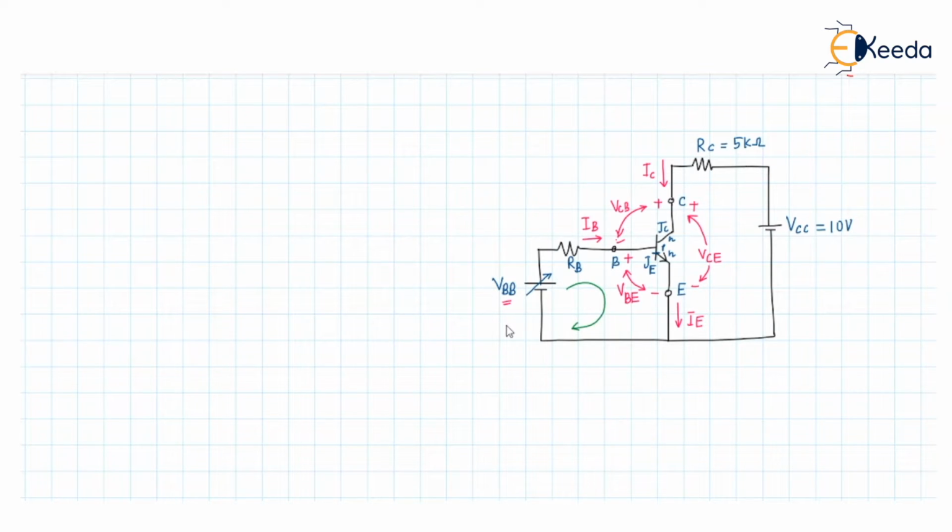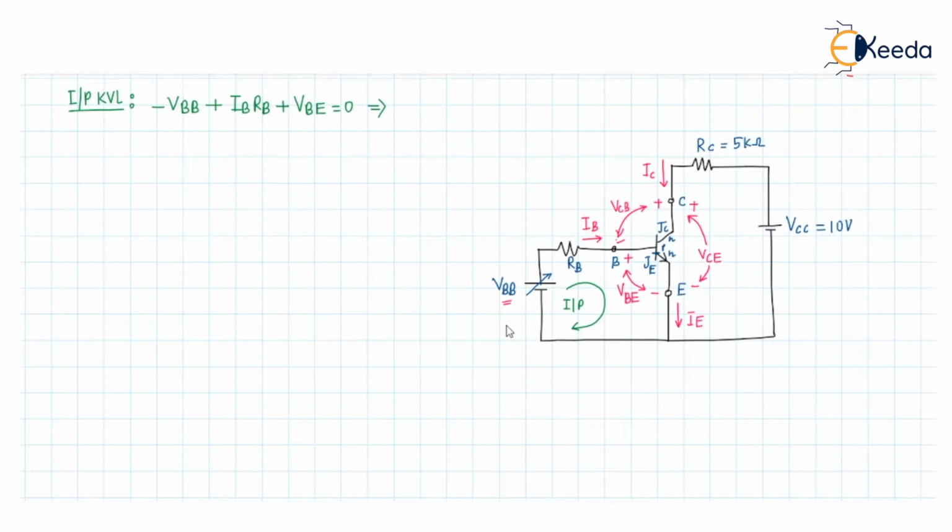So if we apply the KVL in this input circuit, the input KVL equation will be minus VBB plus IB into RB plus VBE equals 0.